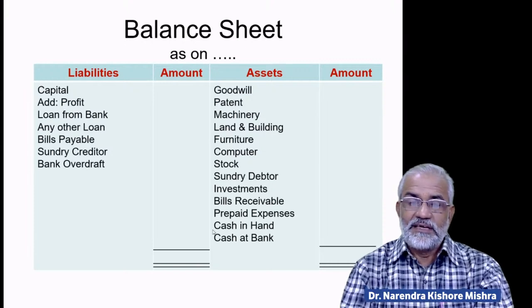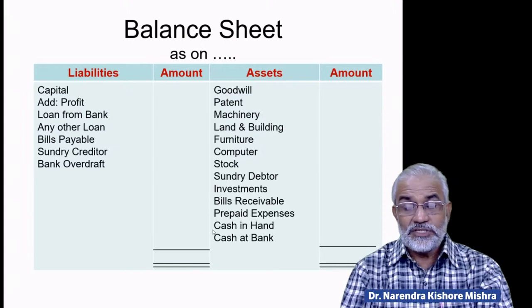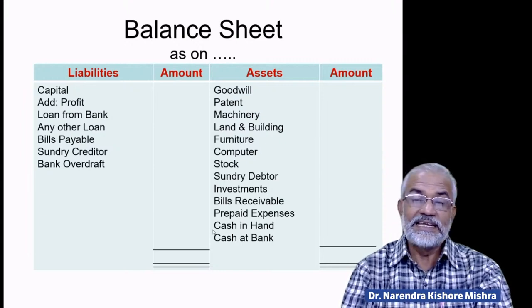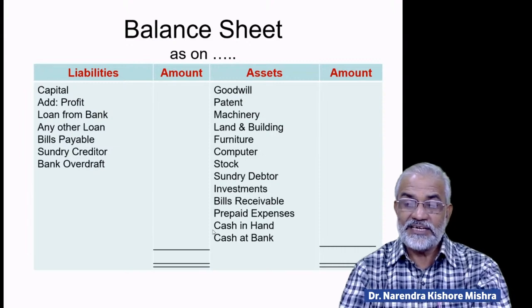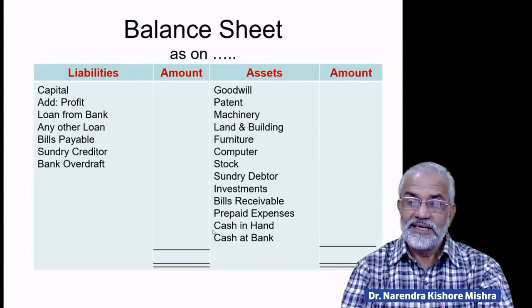So prepaid expenses are not subject to conversion into cash. It is also not fulfilling that it is to be used in the process of production. But still, it is to be regarded as a current asset because it fulfills the third condition, that is, to be consumed within one accounting cycle or one financial year.